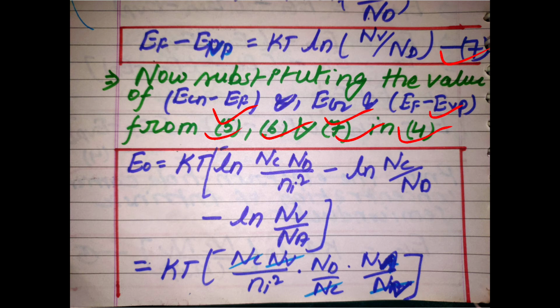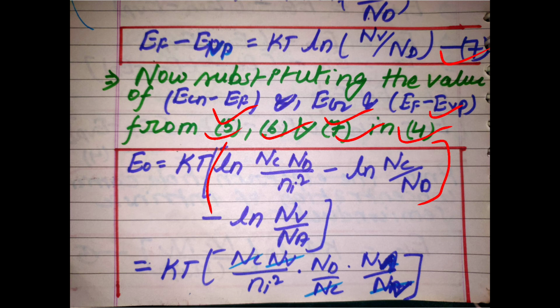So we get one new expression: E naught is equal to KT into ln of NC into ND upon NI square, minus ln of NC upon ND, minus ln of NV upon NA.